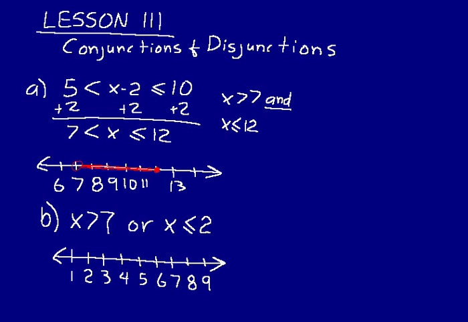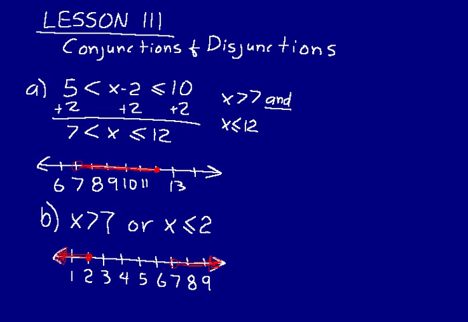And then let's graph this. x greater than 7, so that would be an open circle at 7. We'll assume real numbers here. We're working with real numbers, and then shade it in to the right. And then less than or equal to 2, so that would be a closed circle at 2 and shaded to the left to represent less than or equal.